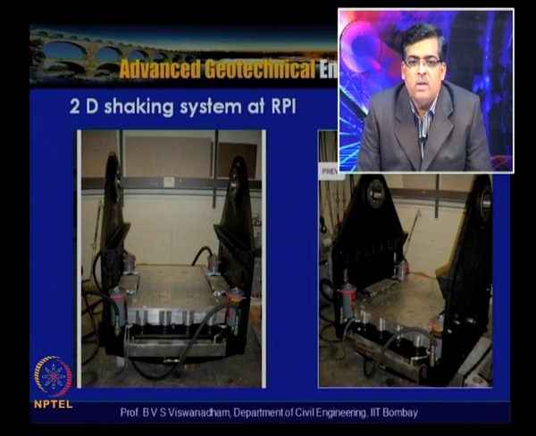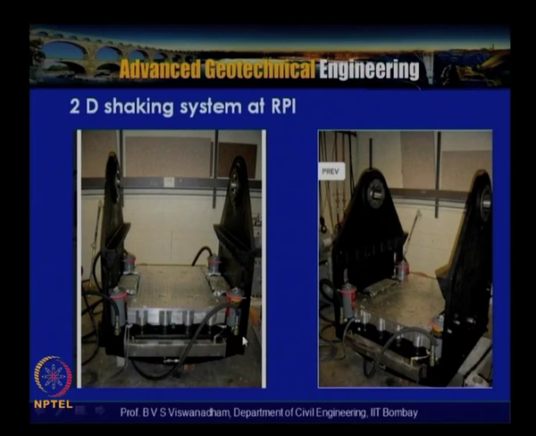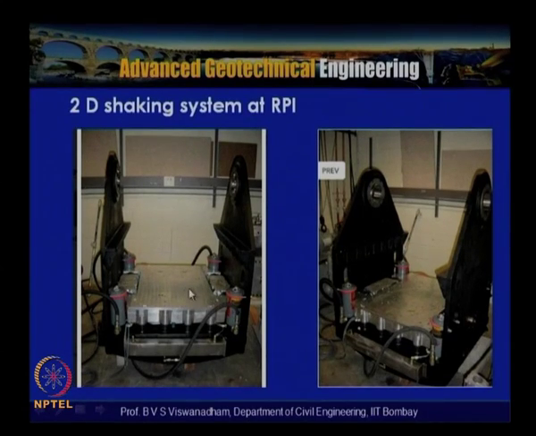This slide shows the use of an earthquake actuator mounted on the swing basket. You can see this is the portion which is subjected to shaking in this direction and in this direction. So this is a typical two-dimensional shaking system.